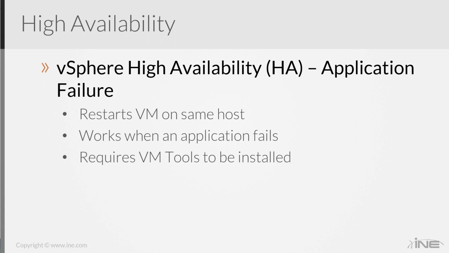And when that application fails, that VM is restarted on that ESXi host. For this to work, we would need a third-party application monitoring agent that is built to work with the VM application monitoring feature.